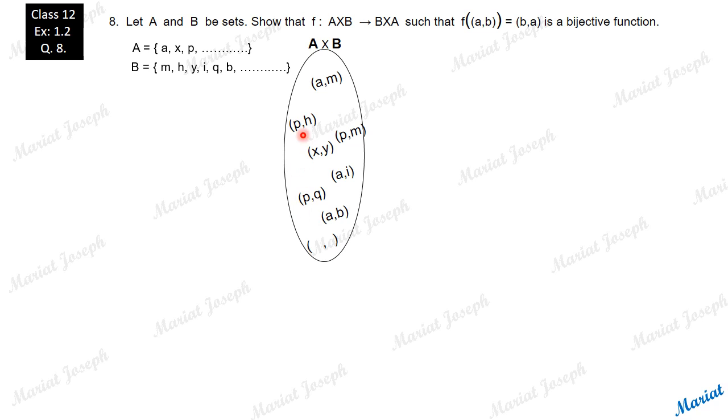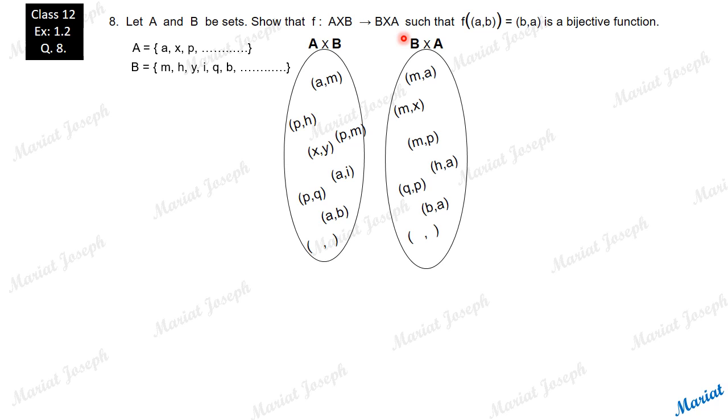The elements of A cross B form the set A and the elements m, h, y, i, q, etc. form the set B. So the set B cross A would be the set of ordered pairs (m, a), (m, x), (m, p), (h, a), (h, x), etc. having the elements of B as first and A as second. So B cross A would look like this: elements (m, a), (q, p), (m, x), etc. Many more elements are in set B cross A.